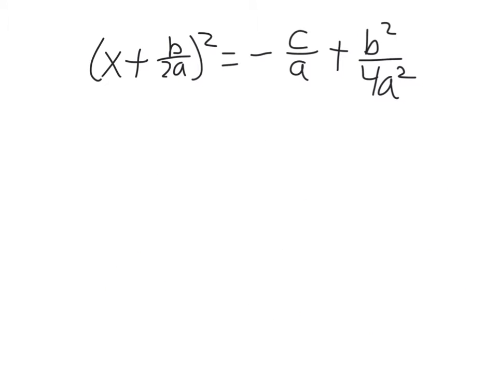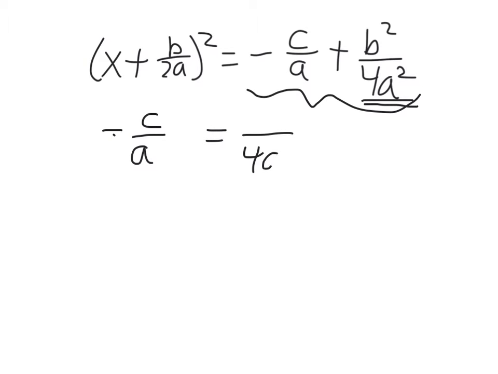Next, the procedure would be to combine this into a single fraction. What's your least common denominator here? We've got a and 4a squared. Well, 4a squared is going to be our least common denominator, so we're not going to have to change the second part, but the first part we're going to have to put as what? We need to multiply by 4a, top and bottom.